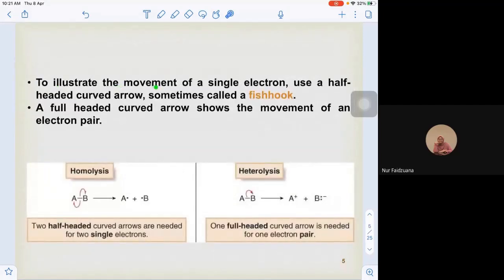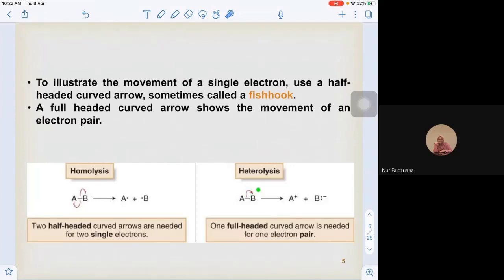To illustrate the movement of the electrons in homolysis, since one electron goes to A and one electron goes to B, we use the half-headed arrow, sometimes called a fish hook, to show that only one electron goes to B and one electron goes to A. However, in heterolysis, in this example B is more electronegative than A, so both of the shared electrons go to B. We use the full-headed arrow.